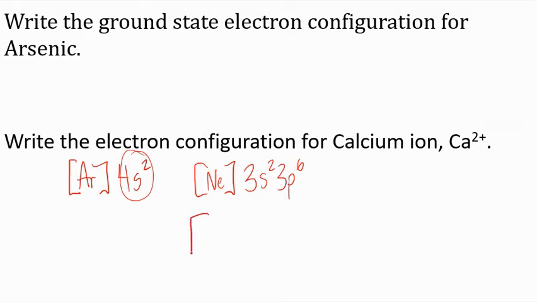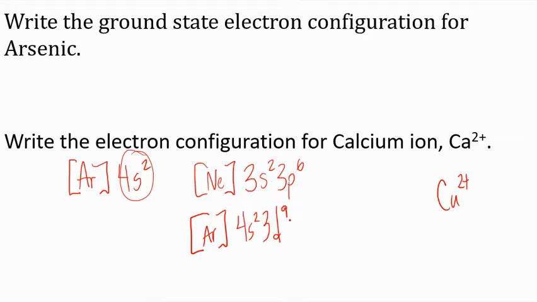So copper is going to be Ar, 4s2, 3d9. Yep, that's 3d. Is it 9? Yeah. Okay. So if we form copper 2+, it's got to lose 2 electrons.